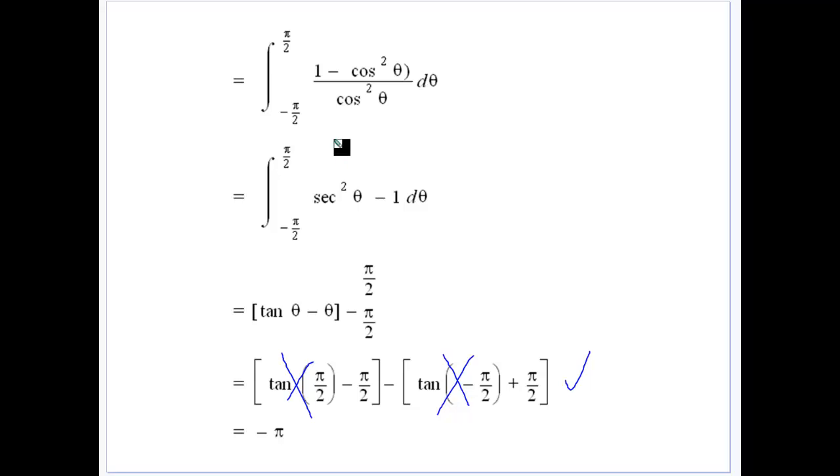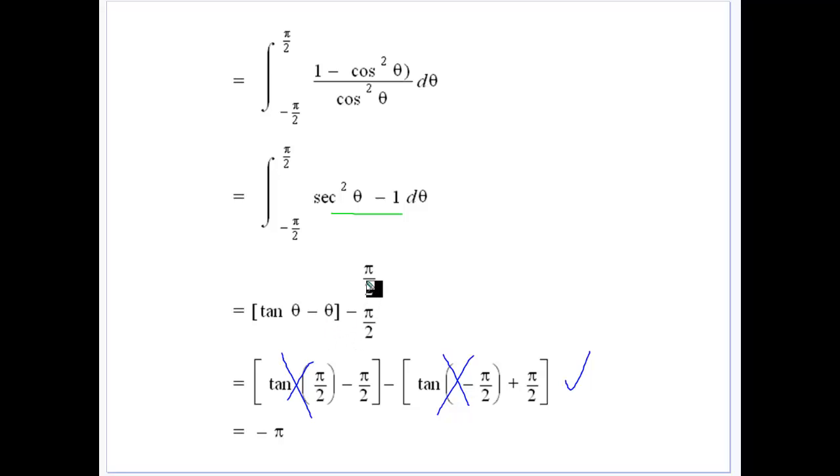It's a little bit harder, although doable, and it should give us the same. But 1 on cos squared theta is sec squared theta, and we've got the minus 1, which we know is equal to tan squared theta anyway. So tan squared theta, as I said, would be hard to integrate. This is much easier to put in that form, because sec squared integrates to tan theta. Minus 1 would integrate to minus theta.